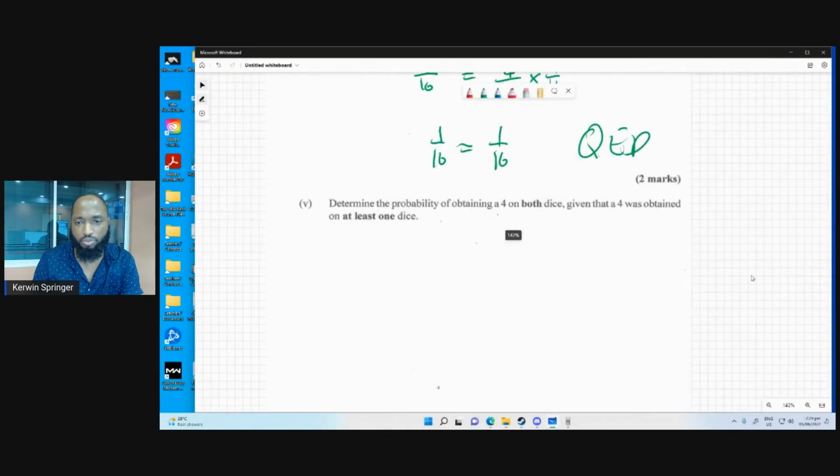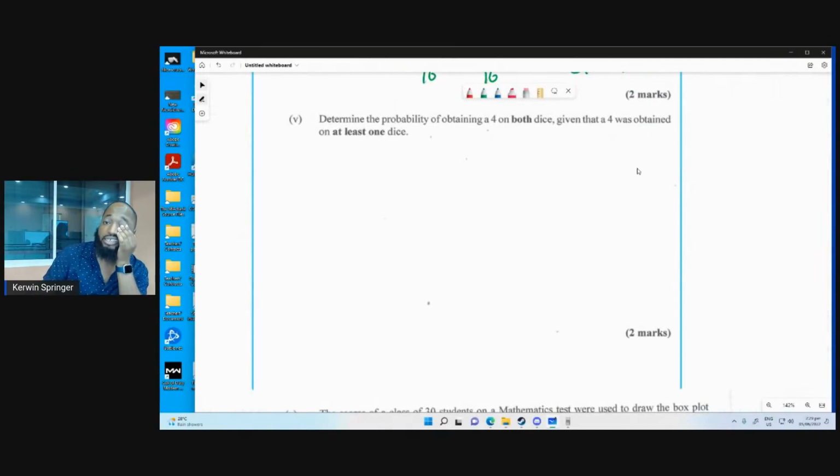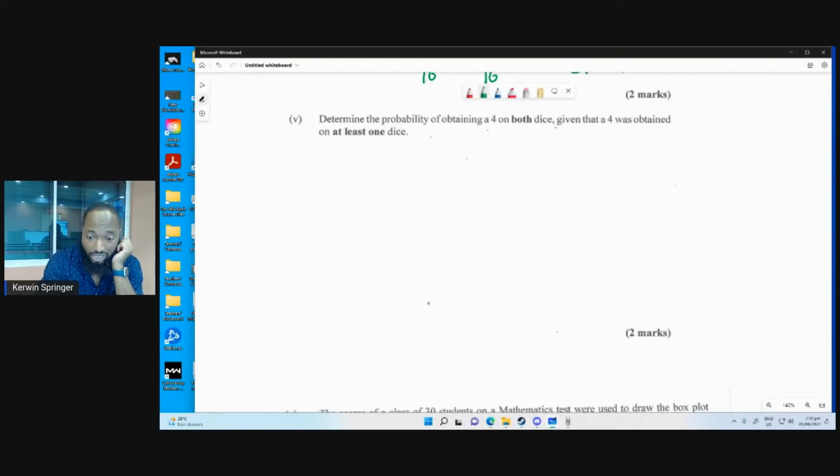Determine the probability of obtaining a 4 on both dice, given that a 4 was obtained on at least one dice. You see that word given? As soon as you see given, this is the probability of A given B, which is the probability of A and B over the probability of the given thing.